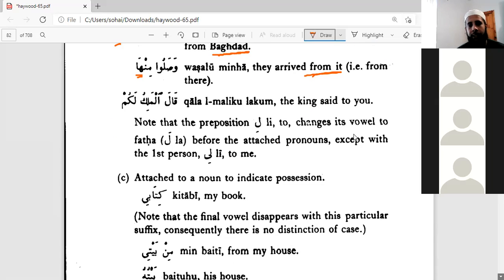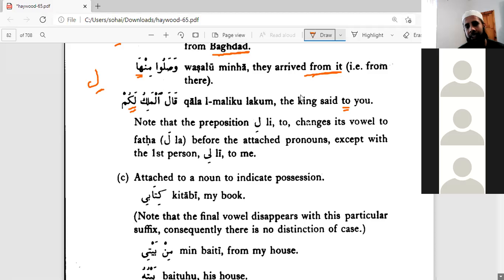Okay, so another example is قال الملك لكم, the king said to them. Here la was originally li, but it tells you to note that the preposition li changes to fatha la before the attached pronouns. Normally we say katabtu li zaydin.